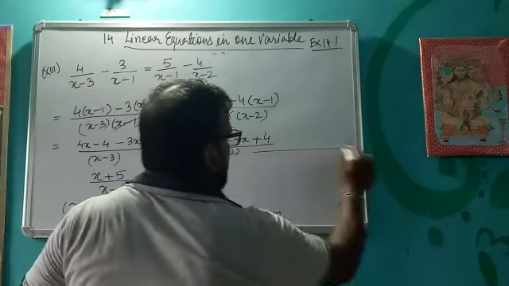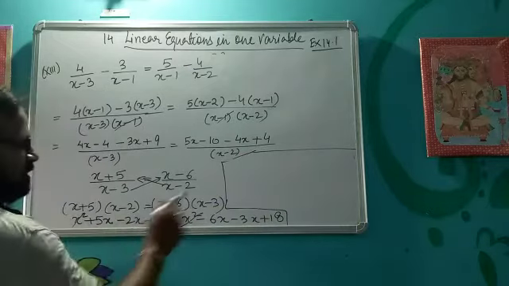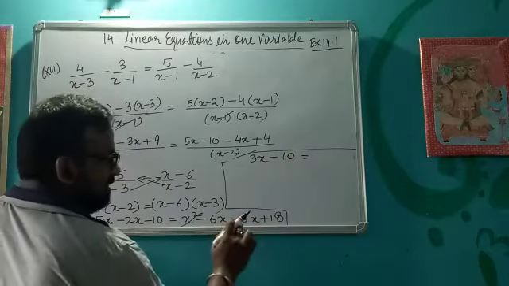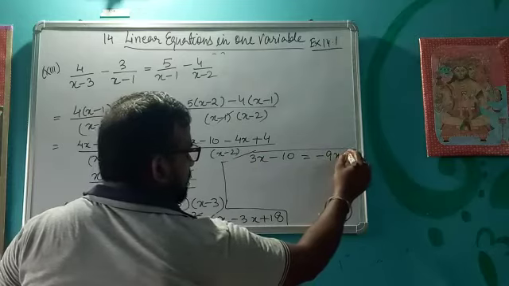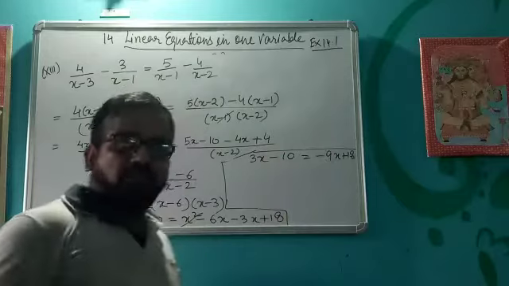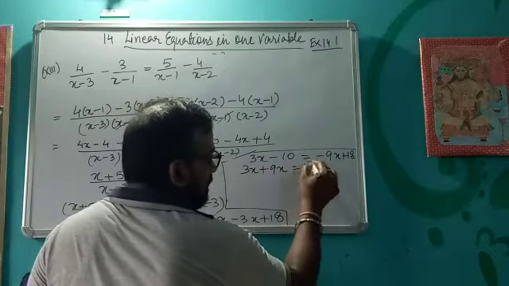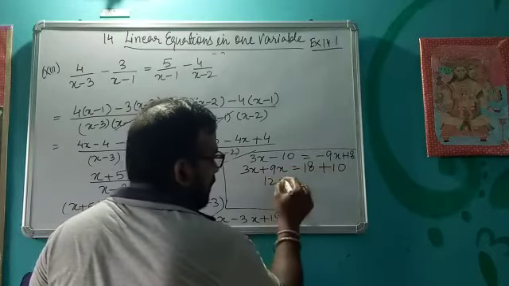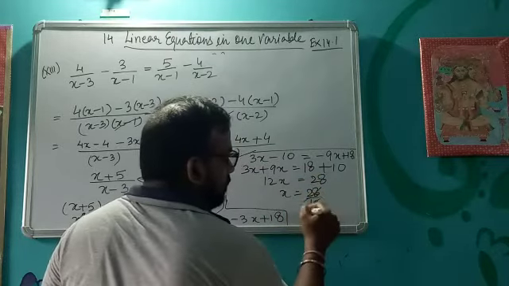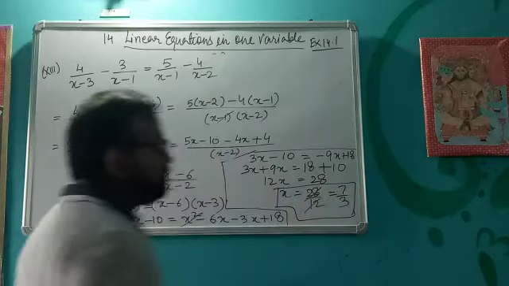What I am going to get, I am writing it here. 5x minus 2x will give you 3x minus 10, minus 6x minus 3x, minus 9x plus 18. So now finally this whole expression is reduced into this form. So I will take 9x here and 10 will go there. It becomes 12x equal to 28, or x equal to 28 upon 12, that is 7 upon 3.